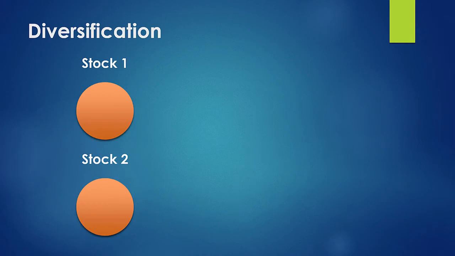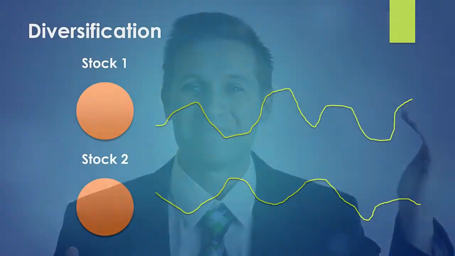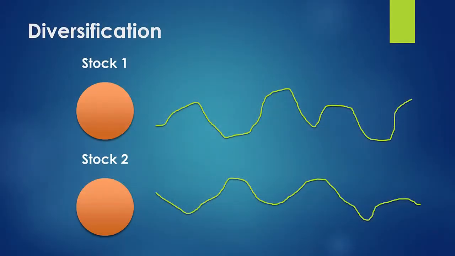Now, let's say you went out and got a second investment. Let's say you go out and buy a second stock. So now your investment portfolio consists of these two different investment opportunities. And both of them are going to be experiencing fluctuations. Sometimes they'll go up, sometimes they'll go down. But what happens is when you have multiple investments, these fluctuations tend to offset each other.